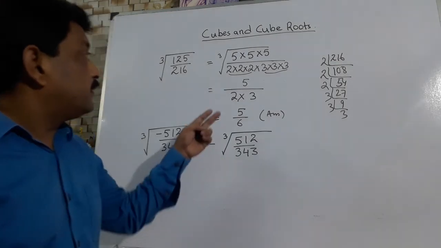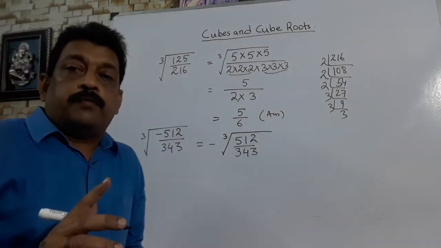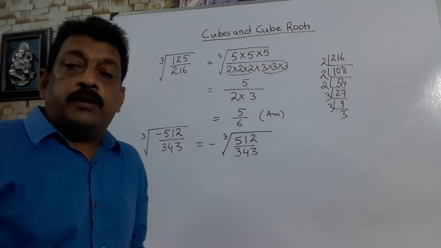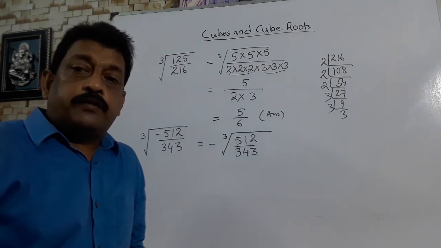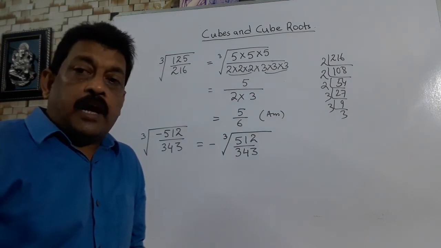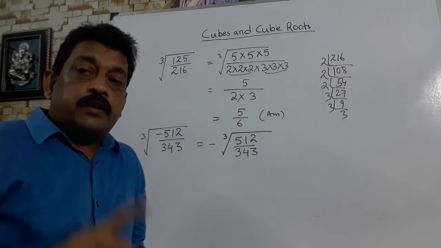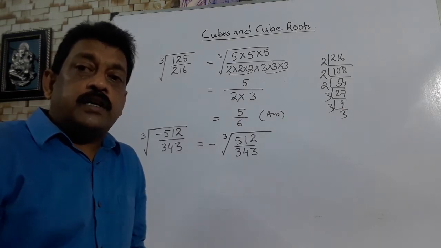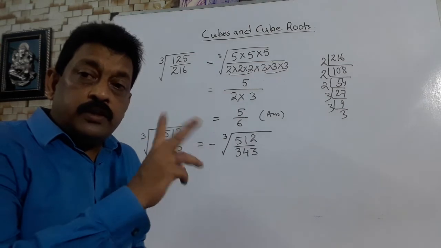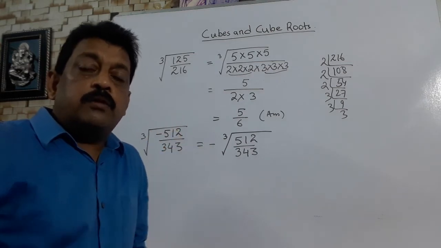Sometimes you will find that a given number can be expressed as the product of two triplets, and if that given number is negative, then if you put the negative sign inside for both the triplets, your answer will become positive.